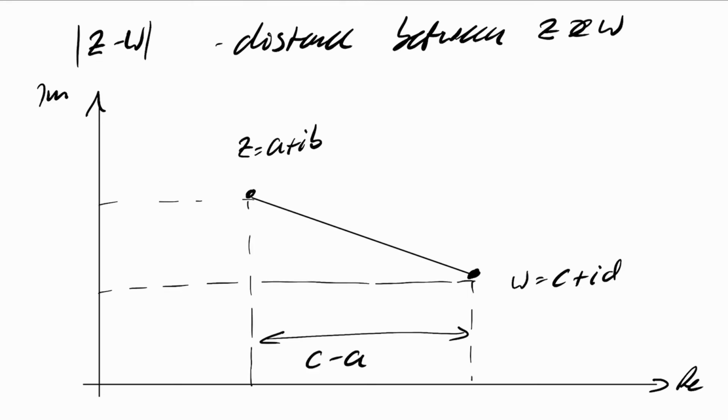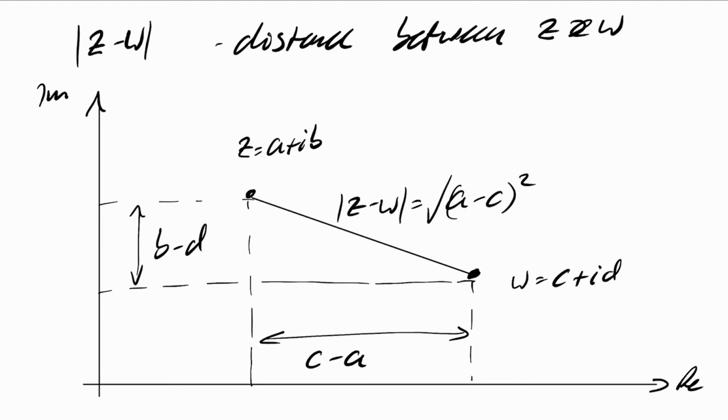The change in the distance between z and w on the real axis is c minus a, and the change in the vertical axis is b minus d. And so, using the distance formula, the modulus of z minus w is the square root of a minus c squared plus b minus d squared.